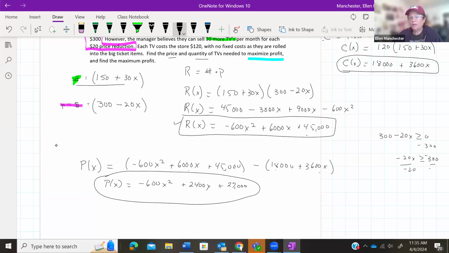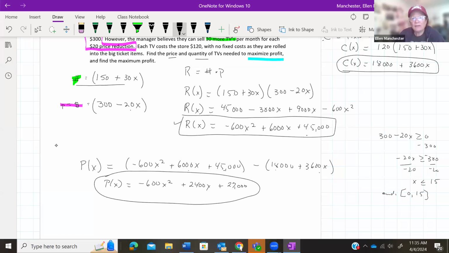So negative 20, negative 20. My x is less than or equal to, I think it's 16 2/3. Oh, no, 15. Sorry, I'm thinking of a different one. So my endpoints are between 0 and 15. What that means is I can only have 15 price changes.